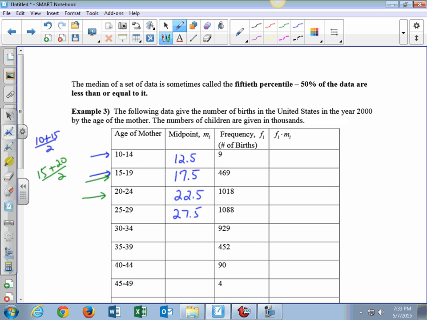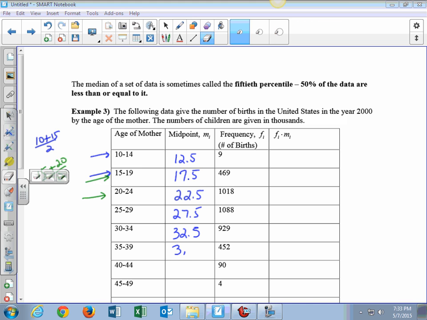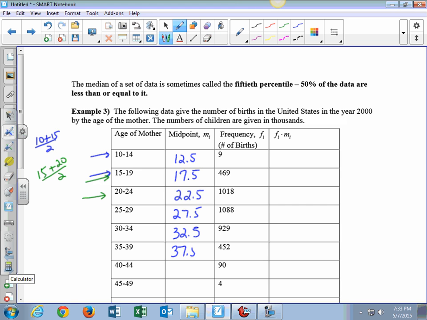So I get 22.5 coming up next, and 27.5, 32.5, 37.5, 42.5, and 47.5.